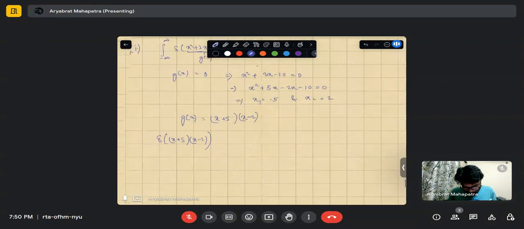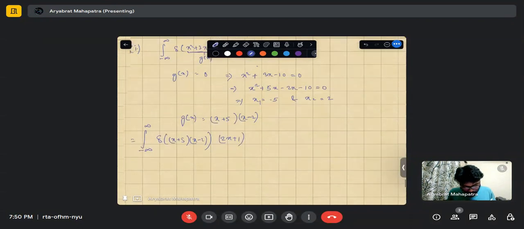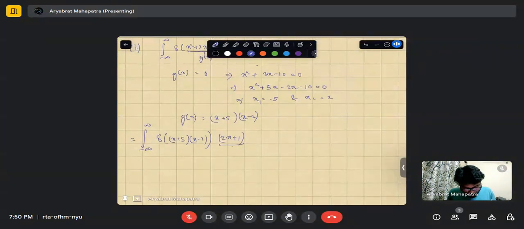Okay, so after I got this property, I can write this as the integral multiplied with 2x plus 1. This is my f of x, let's say.